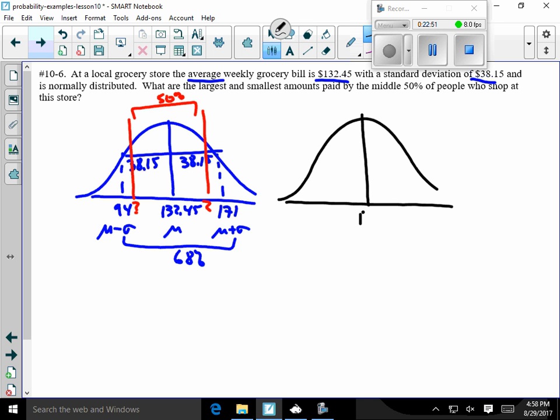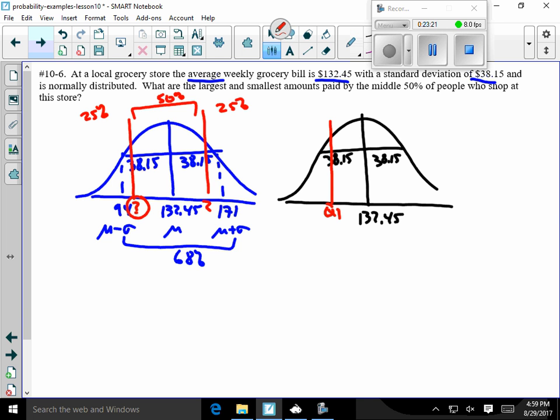So we've got 132.45 as the mean. We have 38.15 as the standard deviation, right? So hopefully you'll agree, if I have the middle 50% here and it's centered around the middle, then that means there's 25% left over on each of the sides, right? And so if I want this first value here, this left value, it's right about here. That's really the first quartile, what we would call Q1.